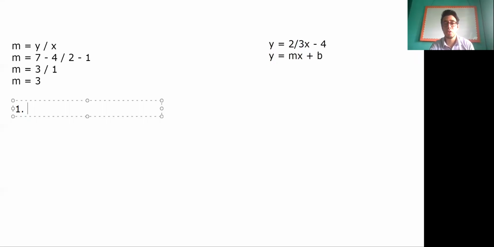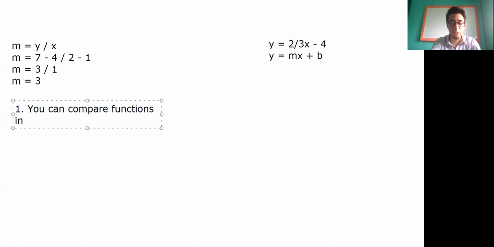The constant rate of change, this is the slope, and the initial value. The initial value is the y-intercept. I'm repeating these concepts many times because I want you to memorize and never forget about the slope and the y-intercept. You are going to need it in 9th grade. So in number 1, you can compare functions in different representations.